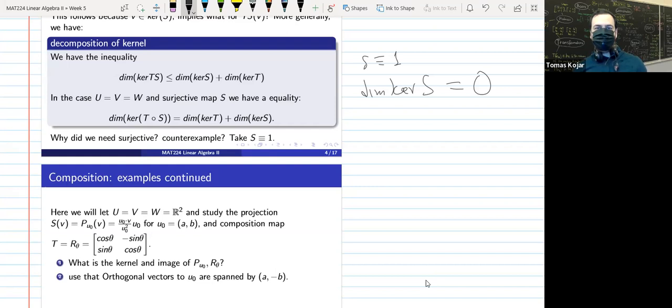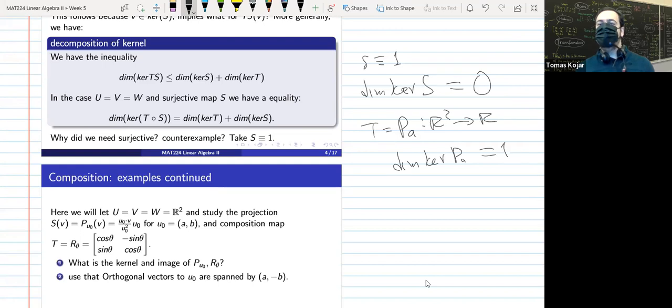So it just says that you can take T to be anything, like take T to be like a polynomial, or no, what do I want? What's a nice kernel? Like the projection map. So dimension of the kernel of the projection from R2 to R is 1. So you have 1. And here you have 0.